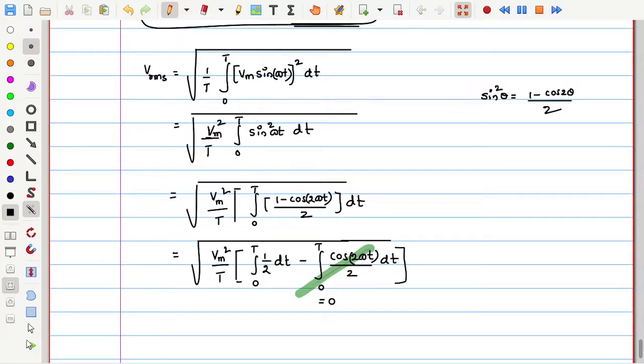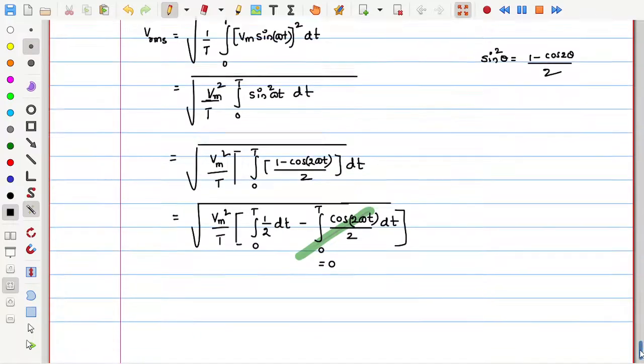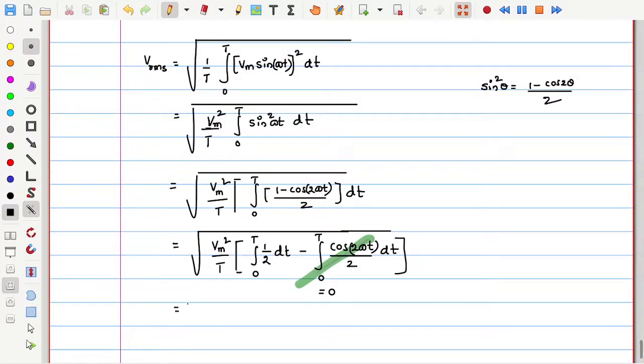What is the cos 2 omega t integration? Cos integration is the sine, then divided by 2 omega. Already 1 by 2 is there, that also you take care of. So sin 2 omega t by 2 omega will come. Then substitute the limits and check it. You will get 0 definitely. If not, come back to me again. That part goes to 0.